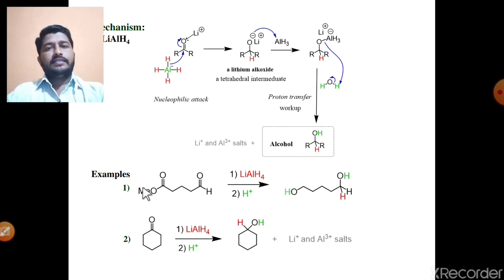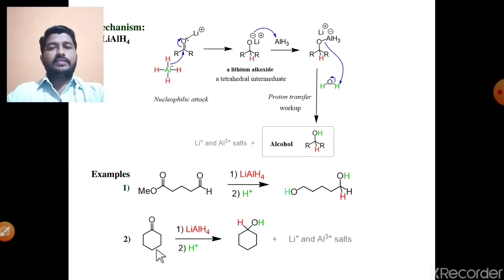See, these are the examples. Number one, this aldehyde molecule, and these are the ester molecule. Lithium aluminum hydride is a versatile reducing agent; it reduces all types of functional groups. The aldehyde molecule is converted into its corresponding alcohol, and this ester molecule in the presence of lithium aluminum hydride is also converted first into the aldehyde molecule, and on further reduction of this aldehyde molecule with lithium aluminum hydride, it is again converted into this alcohol molecule.